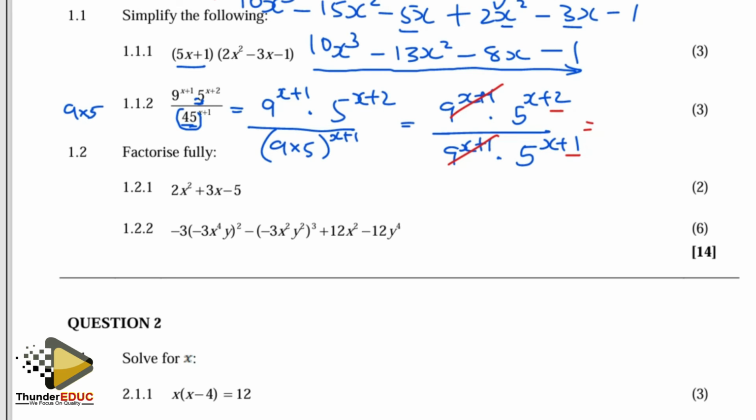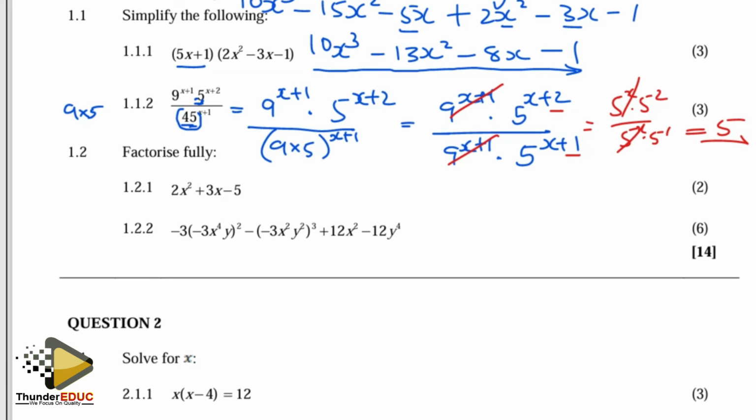I apply law number 2, where you subtract exponents of the same bases that are being divided. Or I can split this: I have 5 to the x, 5 to the 2, over 5 to the x, 5 to the 1. So this cancels that, and my answer is just 5. Or you can do the subtraction, you'll still get the same thing.